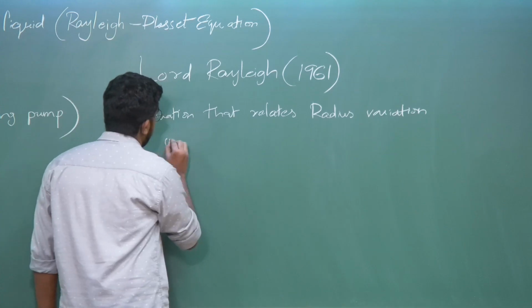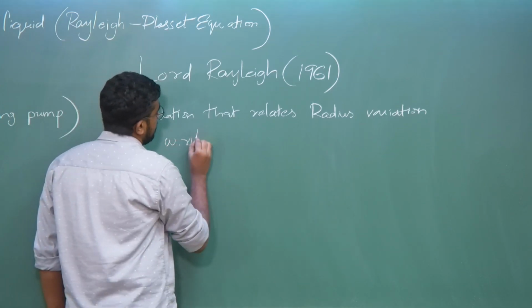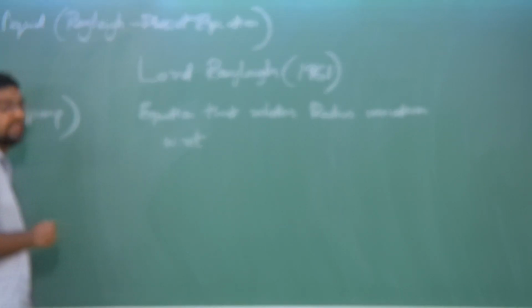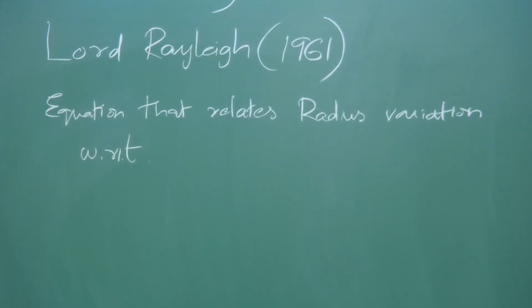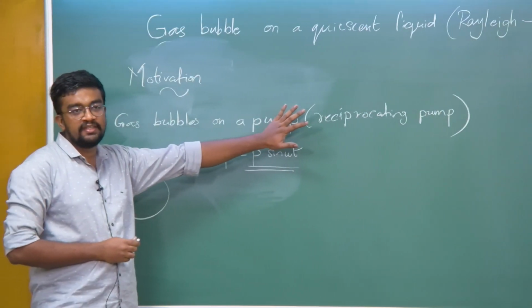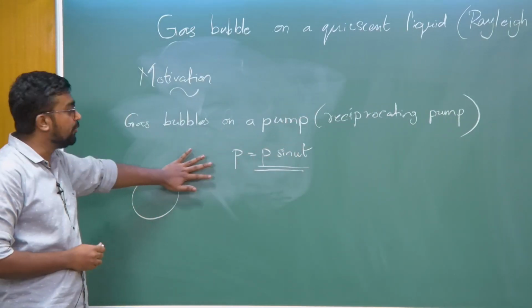He found the radius variation of the bubble with respect to time using first principles like the Navier-Stokes and continuity equations. So, that is what we are going to do.